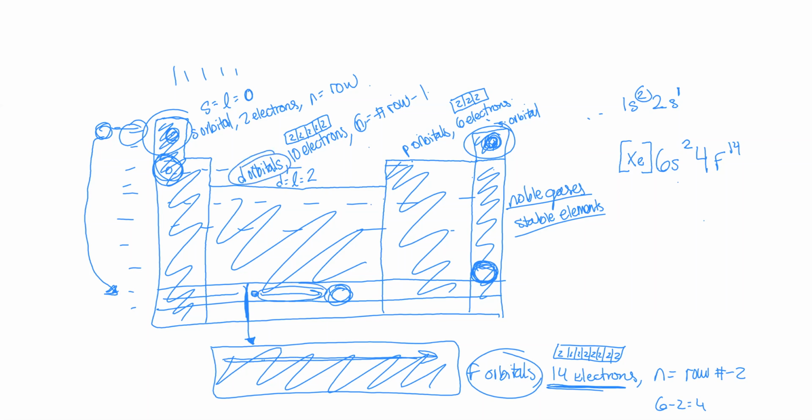So we're going to say, we know that the n is equal to the row number minus 1. So we are in the row number 6 minus 1. So our n number is going to be 5 for here. So we have 5, and then we know that our orbital is d, and we know that they have 10 electrons.